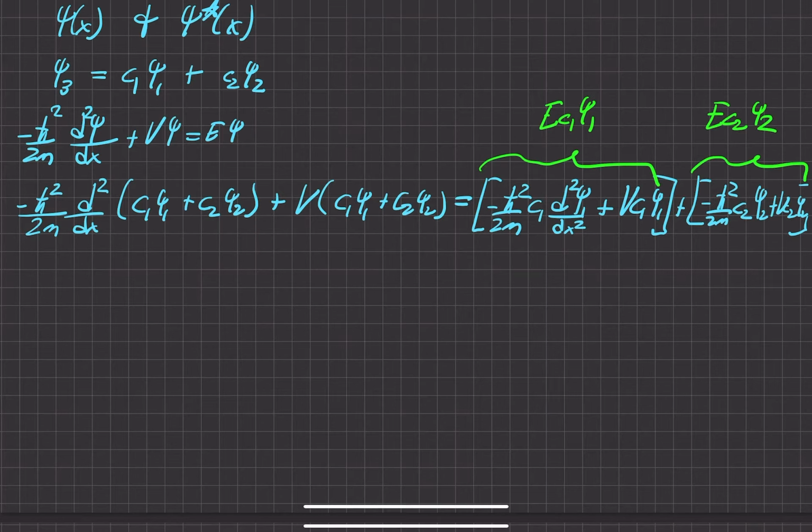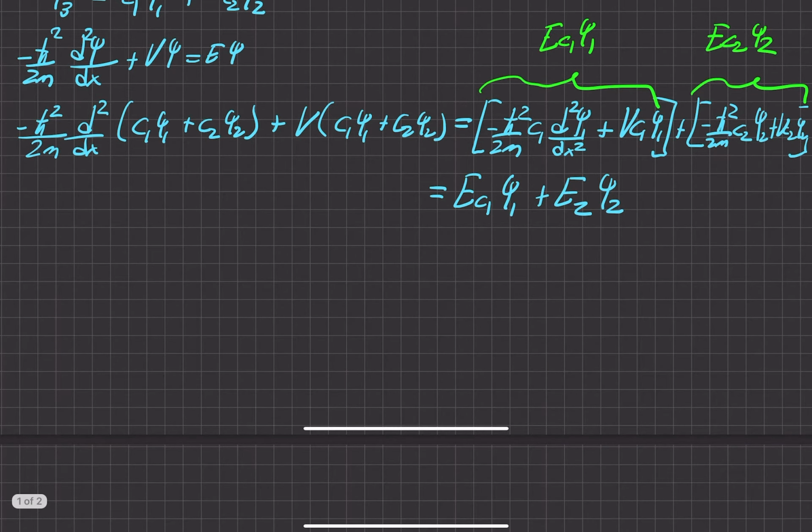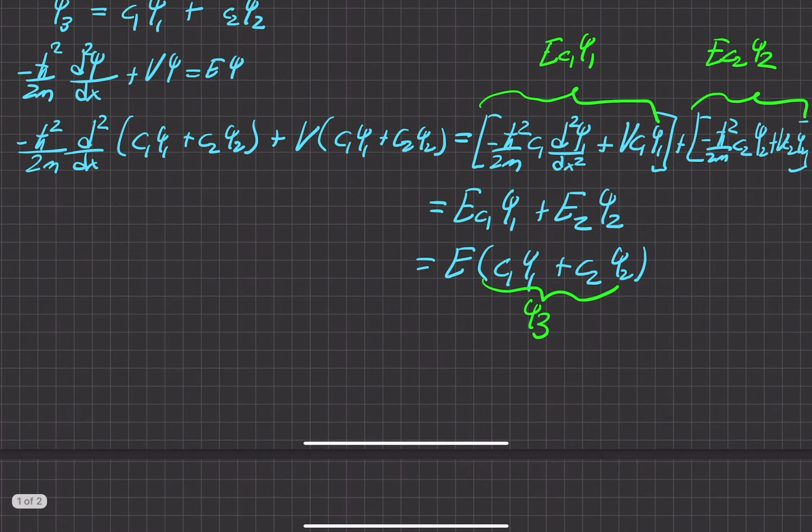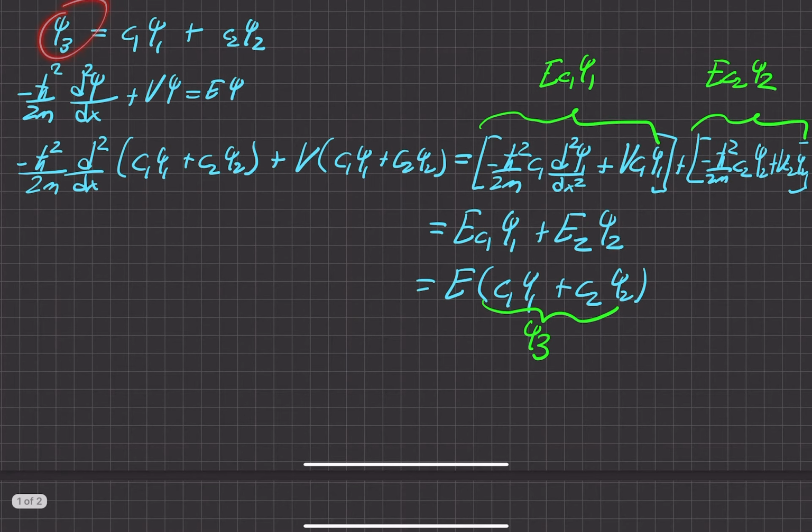So let's go ahead and rewrite that. And again, we'll pull out the energy here. See where we're going. This is all equal to psi 3, as we have up here. It's our linear combination.